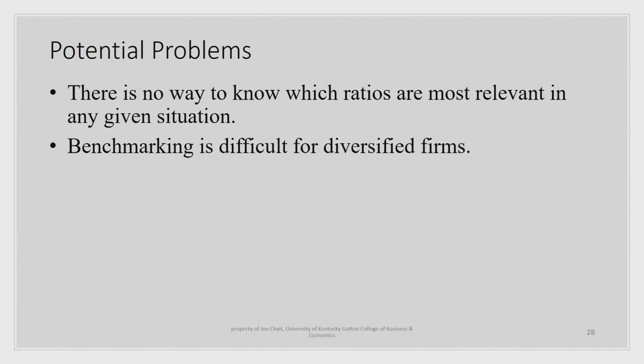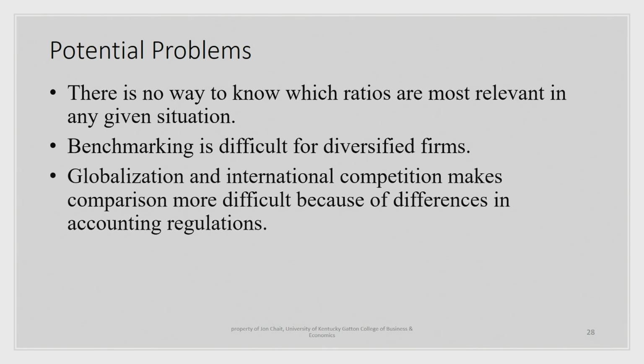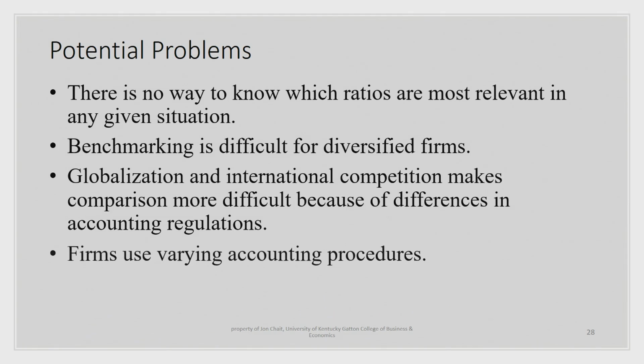Benchmarking is very difficult for diversified firms and conglomerates, and right at the moment there are more conglomerates than pure plays because the mix is different for every business. International operations can also make the comparison more difficult because of differences in accounting, and also differences in culture, differences in payment.